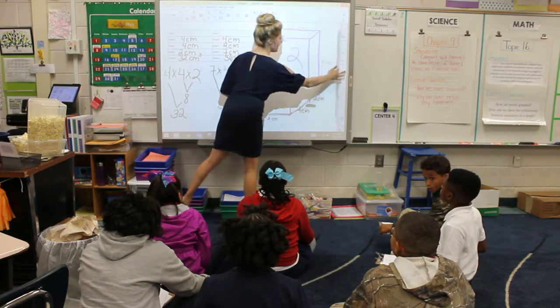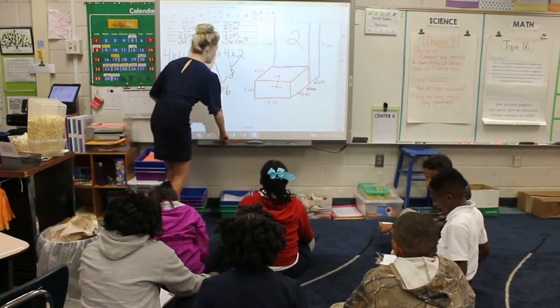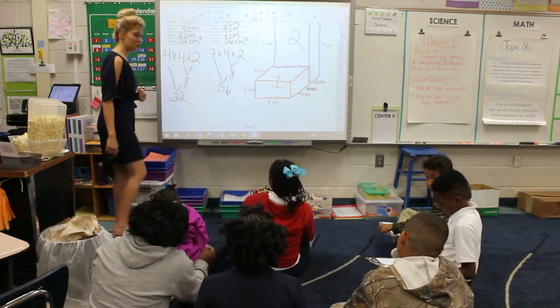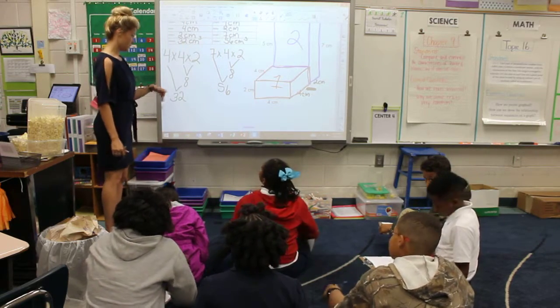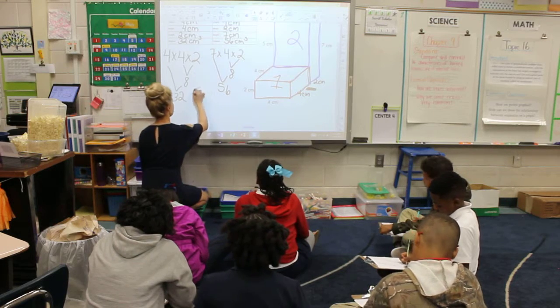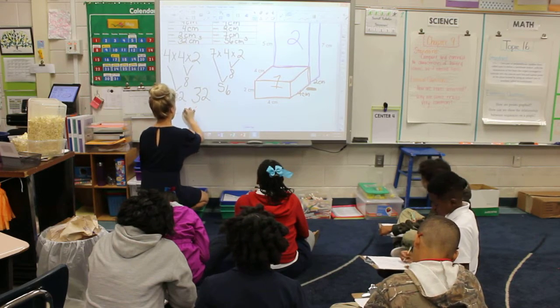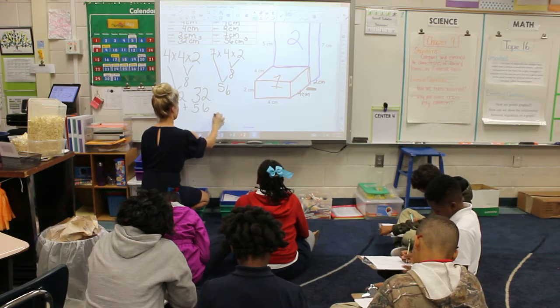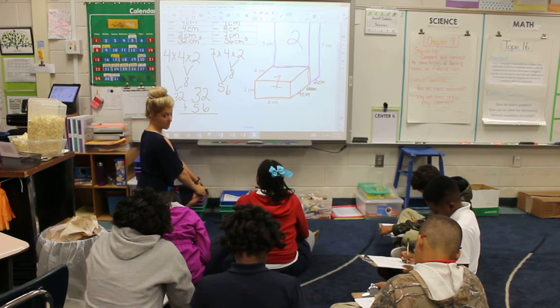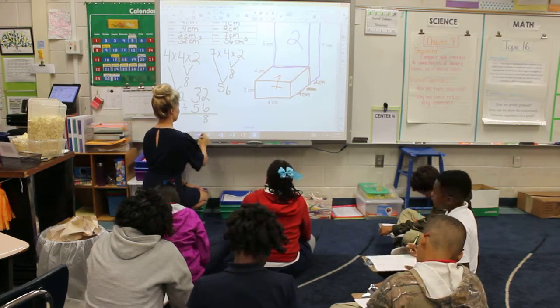I'm just going to scooch down since there's no room. What are the 2 numbers I am going to be adding? 32 and 56. 32 plus 56. This should be easy. 2 plus 6 is 8. 3 plus 5 is 8.